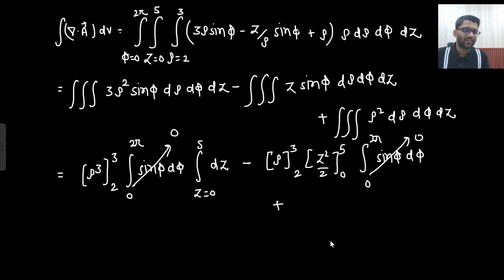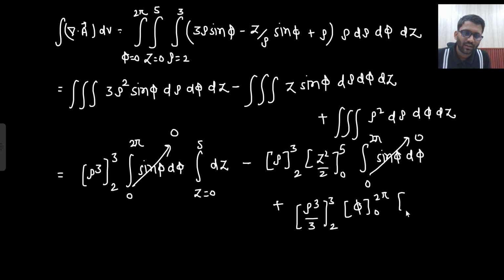Now the final term, which is this. So rho cube by 3. Here rho will go from 2 to 3. And then phi will go from 0 to 2 pi. And z will go from 0 to 5. So what are you going to get here?